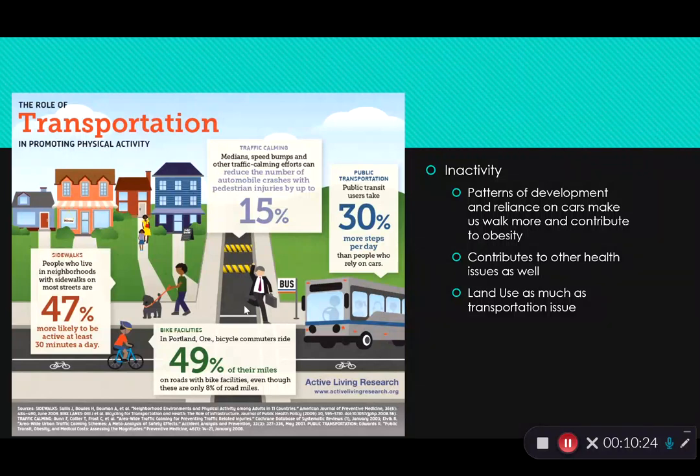You can't walk to the store to get a gallon of milk or whatever. You have to drive wherever you go. So we've created physical environments that force us to drive, and that's leading to health impacts. So significant issues there that we need to think about in terms of how our communities are designed and the way that that interacts with our transportation system.